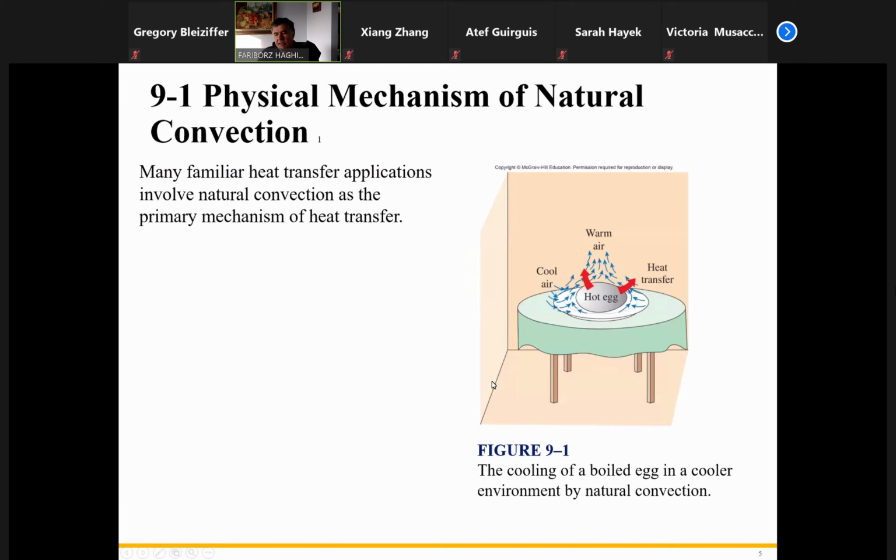The easiest example that we always mention is the egg. You have taken it, and it is hot, you bring it in the morning and put it on a plate, and after a while it gets cooled down. The reason is the air that approaches the egg, which is hot because it was boiling in the water, and there is some heat transfer between the air close to the egg.